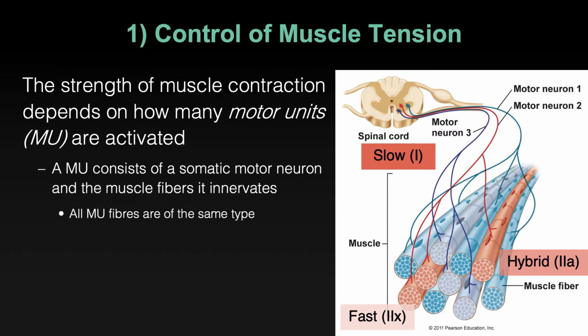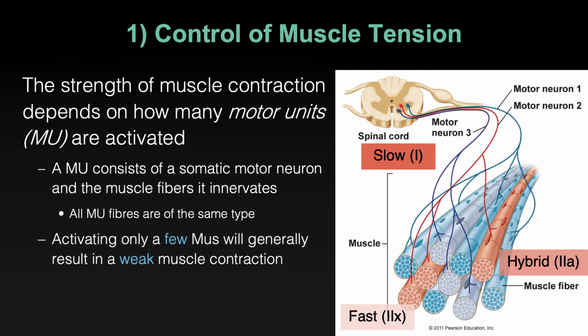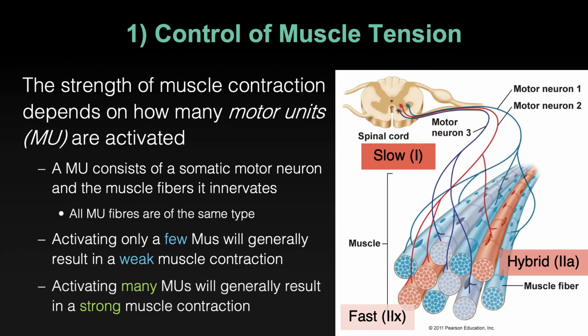If I activate one motor unit, I only activate some of the fibers in the muscle, and I can create a light contraction. If I only activate one or a few motor units, I'll create a weak contraction. If I decide instead to turn all of them on, I can create a strong contraction. Activate more muscle.